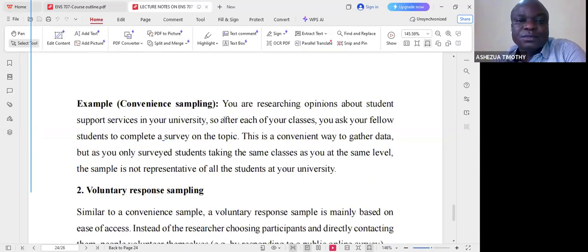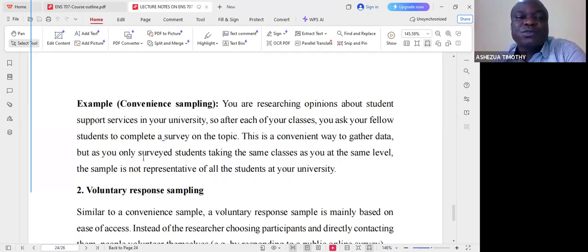As an example, you are researching opinions about student support services in your university. After each of your classes, you ask your fellow students to complete a survey on the topic. This is a convenient way to gather data.